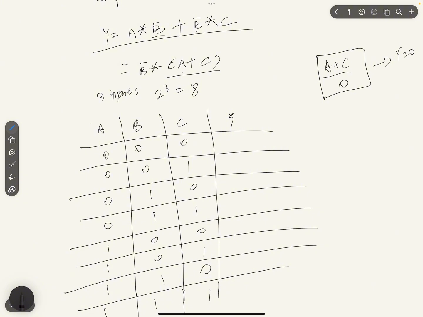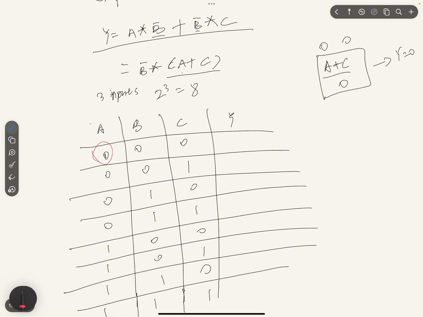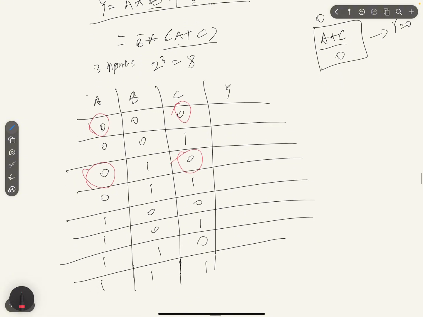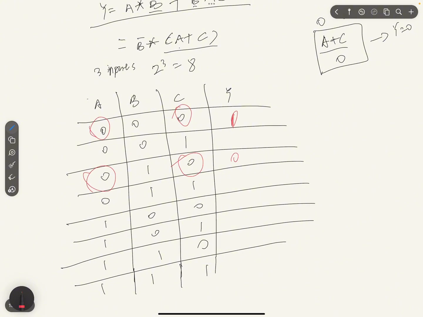A plus C is 0 means A is 0 and C is 0, which is this one, this one, this one. And that's it. So we would have Y as 0 on this one, 0 here.